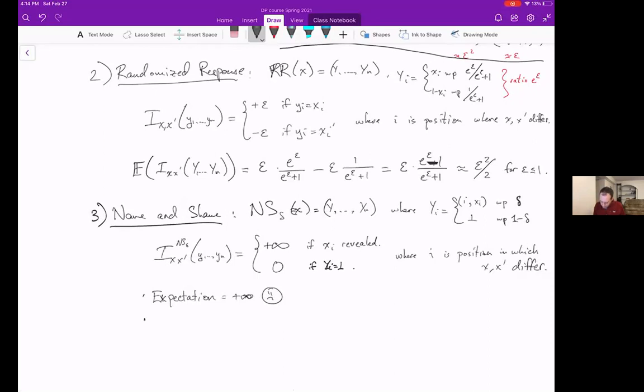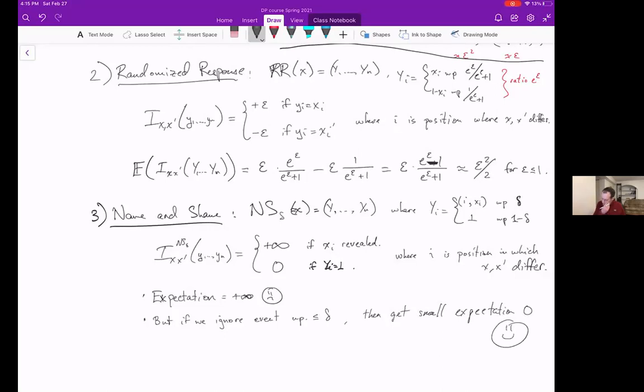So what's the silver lining? If we ignore this event that occurs with probability delta, then we actually get a very small expectation. In fact, the expectation is 0. Okay, so that makes us happy.